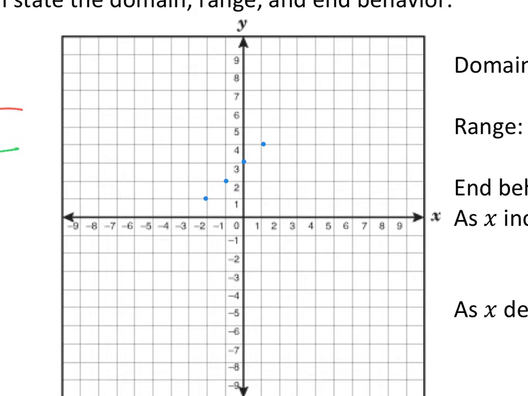So let's go ahead and draw a line. And again, an arrow. So that's the first part, the x plus 3.